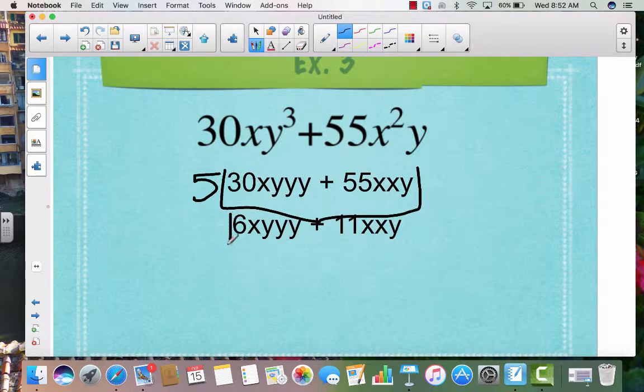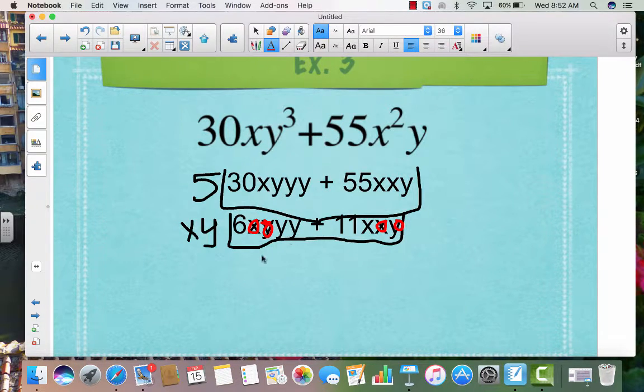I'm going to add another layer here. 6 and 11 have nothing in common, but I now see that I can pull out one x and one y. And if it helps you to identify what you're pulling out, go ahead and do so. So I'm pulling out this x and this y, and I'm pulling out an x and a y. So they're no longer there.